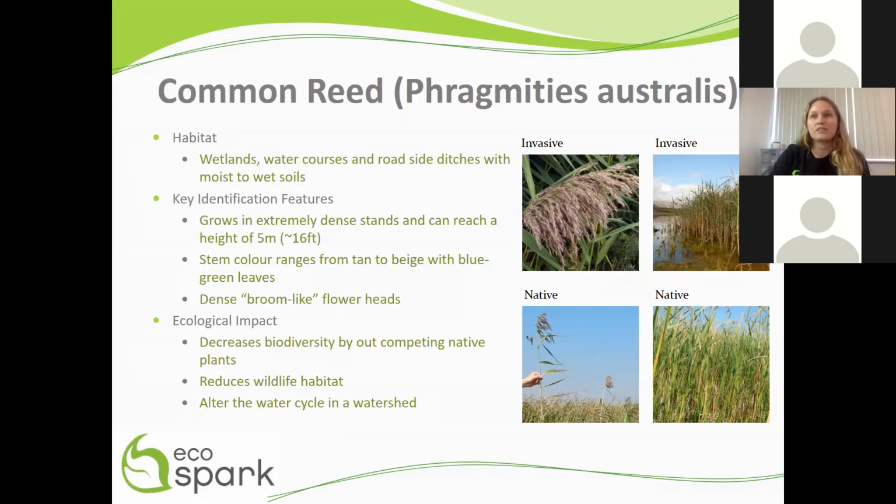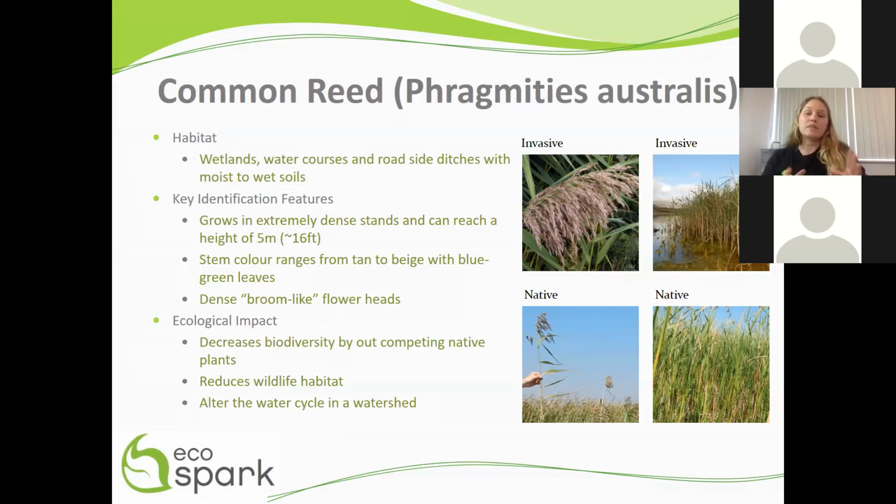Invasive Phragmites grows in extremely dense stands where you can have 200 or more stems in one little area. With native Phragmites, you'll find it more mixed among other plants. Invasive Phrag can also reach heights up to 5 meters.